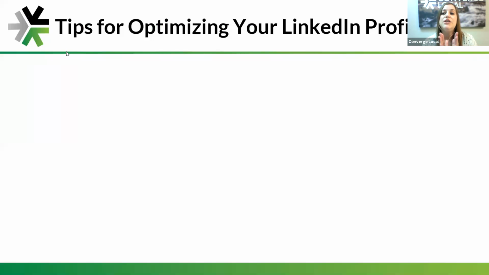Okay, we're gonna talk a little bit before we dive into the nitty gritty of lead generation in LinkedIn, some tips for optimizing just your regular LinkedIn profile. So when we think about LinkedIn, there are a couple of different ways we can slice and dice it. You can have your own profile, very similar to like your own regular Facebook page, and then you can have a business profile.